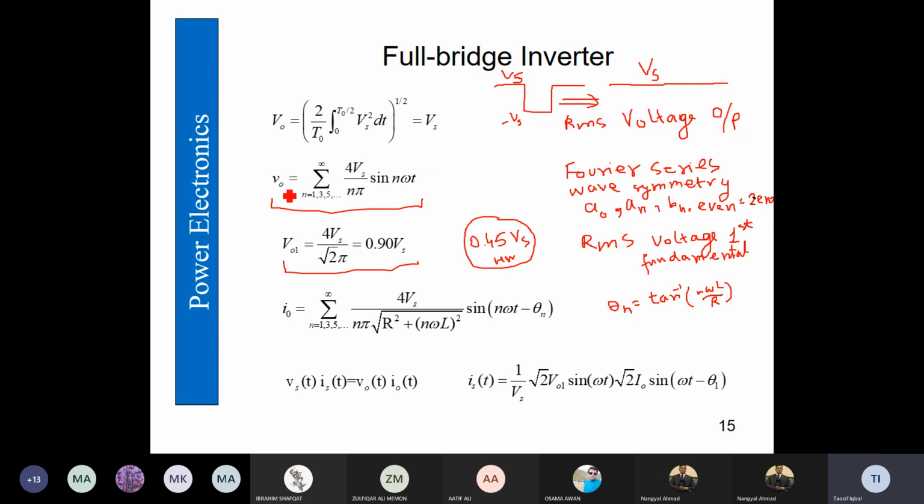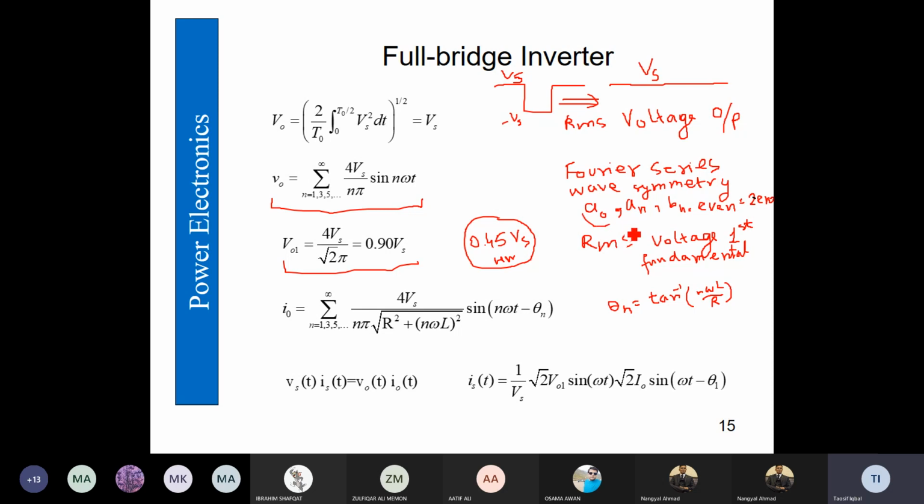Okay, so now again we are going to apply the Fourier series analysis, and similarly, if we keep the wave symmetry as we have put in case of half bridge, the similar results we are going to get in the case of full bridge inverter.